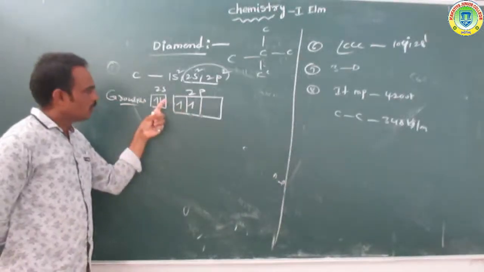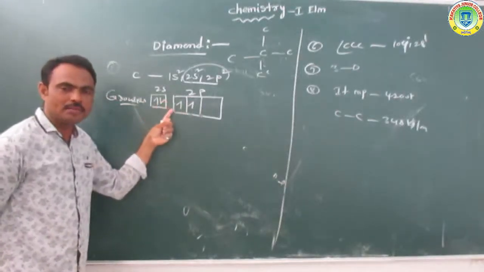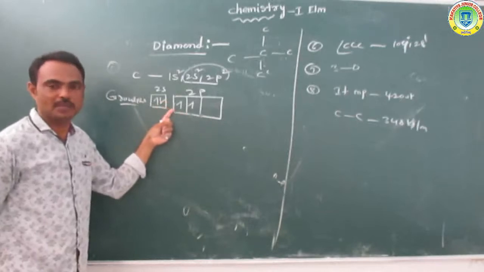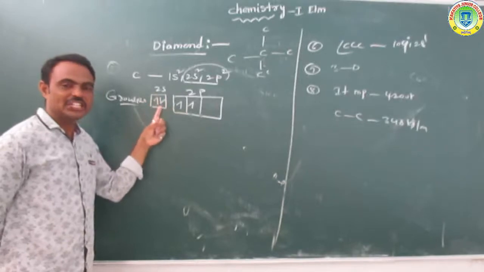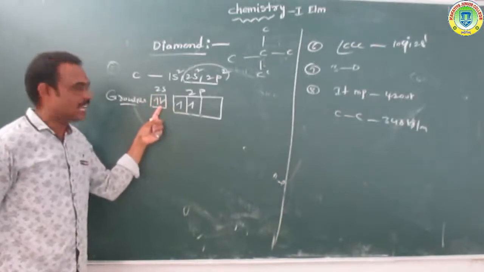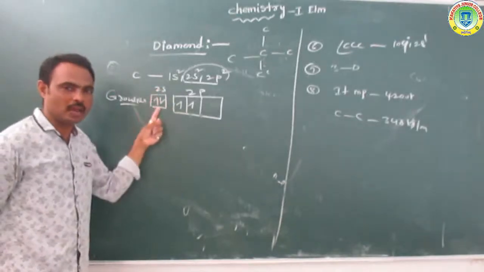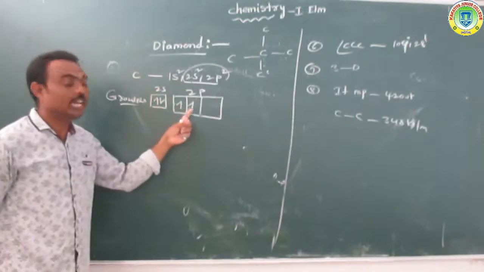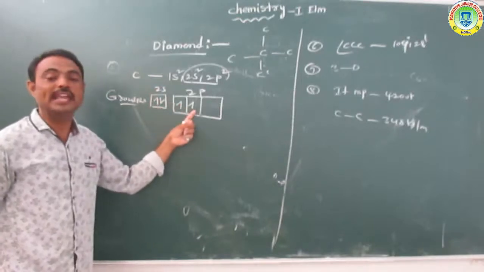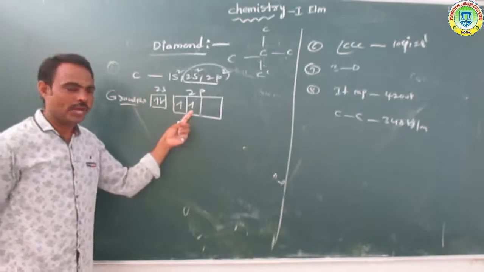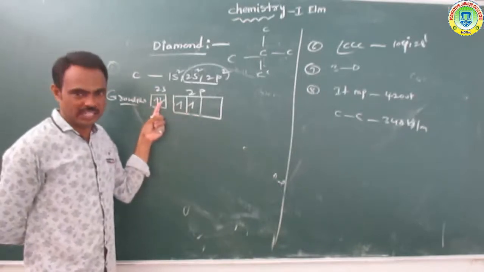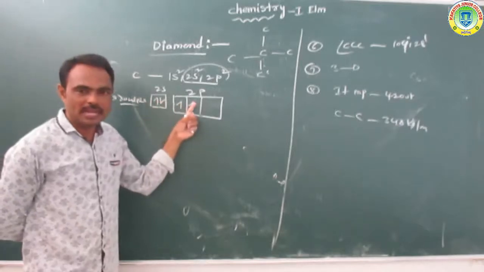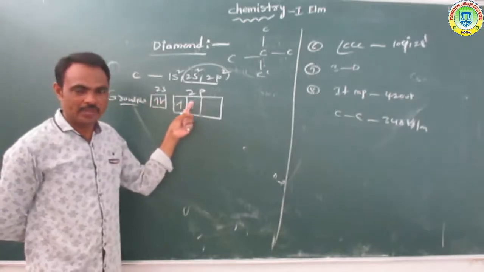When this carbon atom absorbs some energy from the surroundings, an electron of the 2s orbital jumps to a higher energy shell. The 2s orbital is the lower energy, and the 2p orbital is the higher energy.